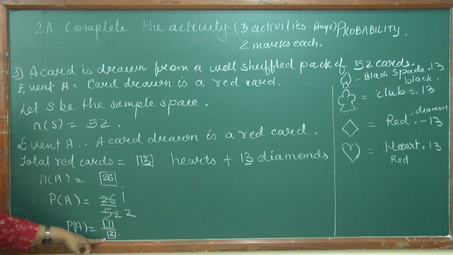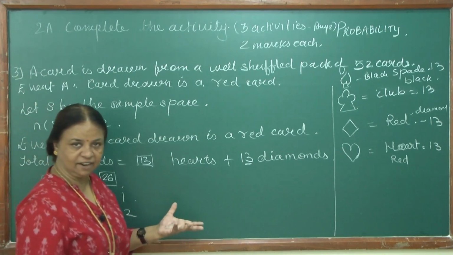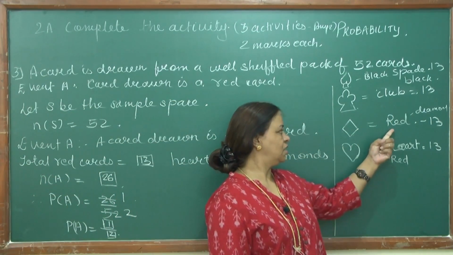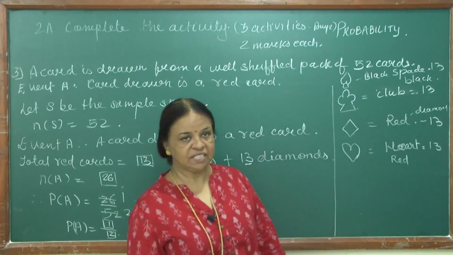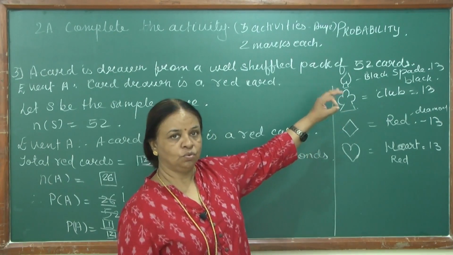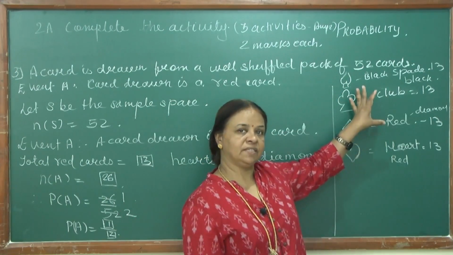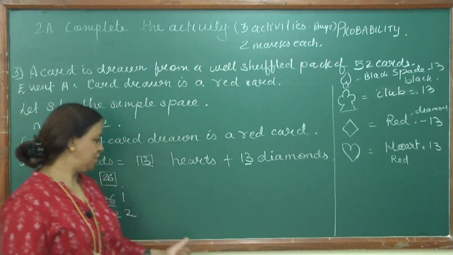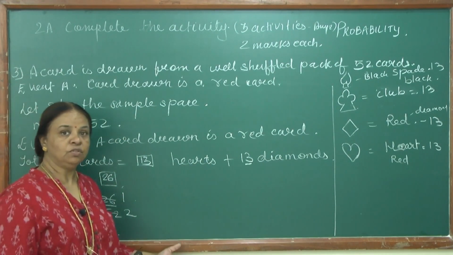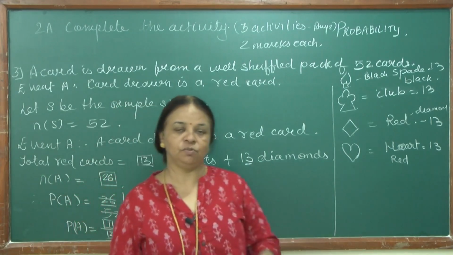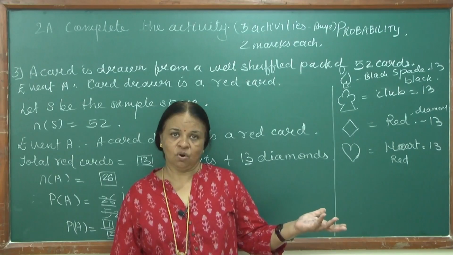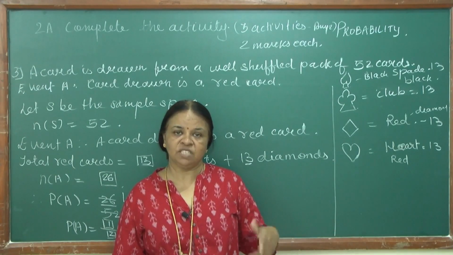Means there is 50% probability of getting a red card. 13 hearts, 13 diamonds, total 26, and black 26. So 26 are red and 26 are black. So probability of getting a red card is 1 upon 2. 1 upon 2, therefore I said 50%. 1 upon 2 means half. 100% is all. So 1 upon 2 means 50%.